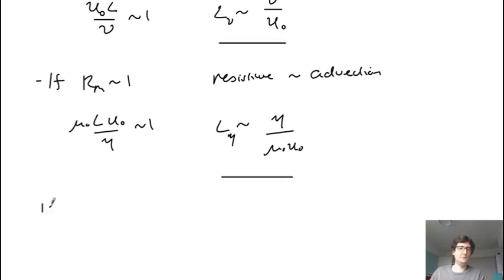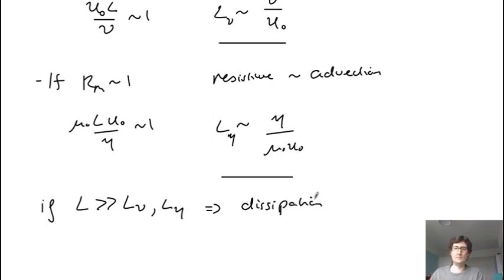And so if the length scales we're dealing with, L, are much larger than L nu and L eta, then the dissipation terms are small. In some cases we can assume ideal MHD. And then at small scales, if we have lengths which are comparable to these dissipation lengths, then we have to take into account non-ideal MHD.